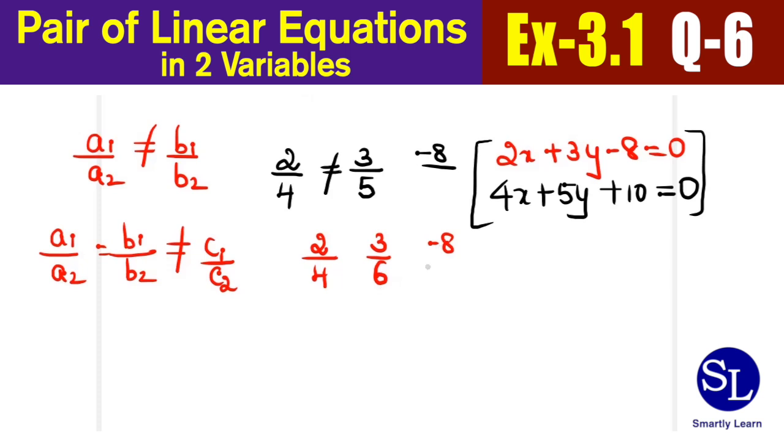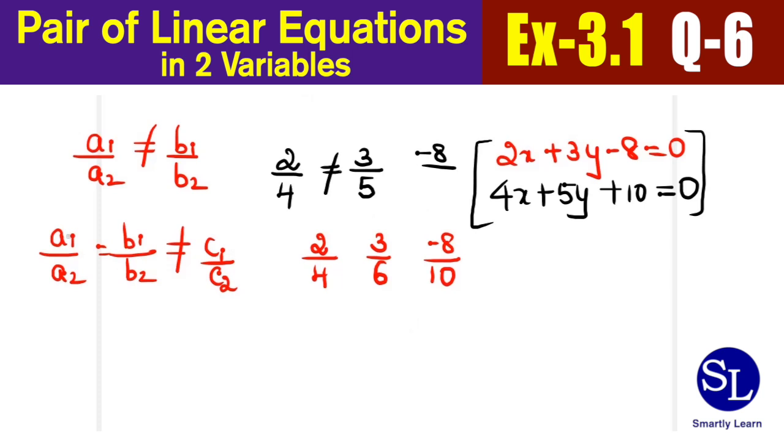Now for the minus 8, I can place any number here that is other than minus 16. Why? Because minus 8 by minus 16 will fetch a 1 by 2, which is not what is required to us. So I'm going to place this value again as 10. So let us see now. So 2 by 4 is 1 by 2, 3 by 6 is also 1 by 2. However, minus 8 by 10 is not 1 by 2.